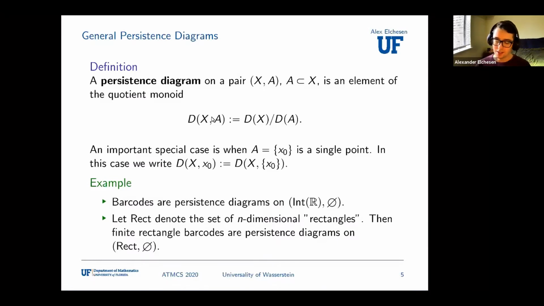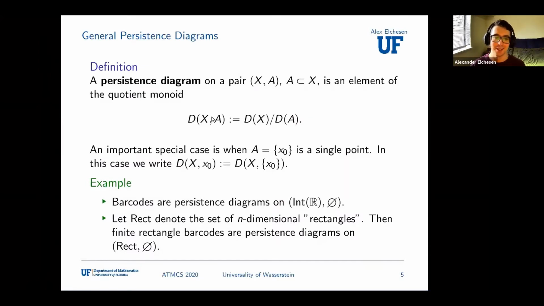It might seem abstract to work in this generality, but actually some other things that come up in TDA are examples of persistence diagrams with this definition. Barcodes are persistence diagrams on the set of intervals of R, with base point being the empty interval.